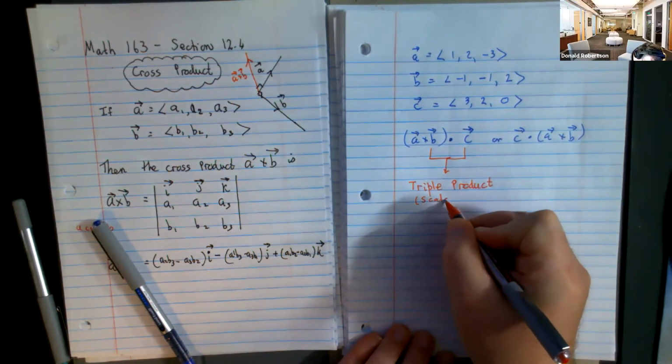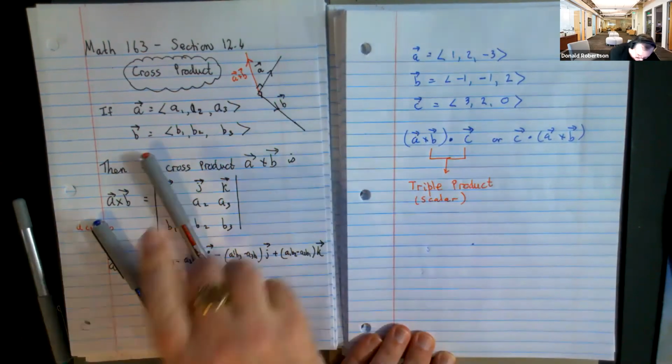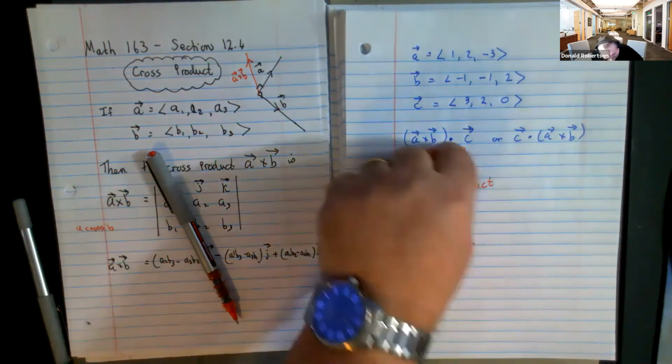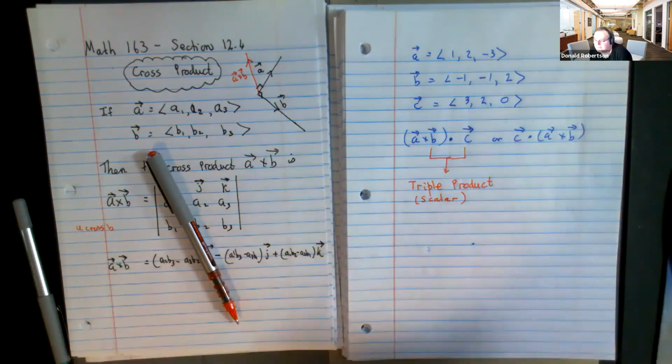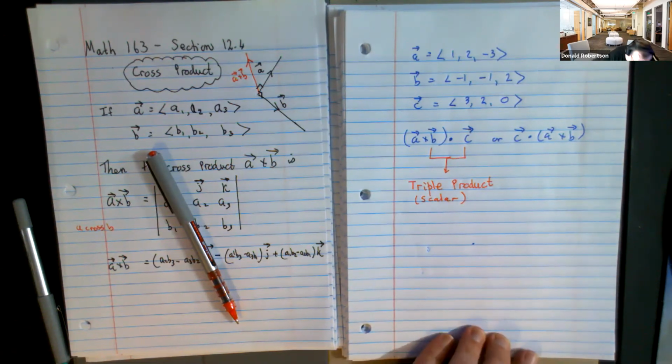And I'm going to cheat a little bit here. What on earth does this number give you? The cross product of A and B dot product with C. I wouldn't guess this in a million years.